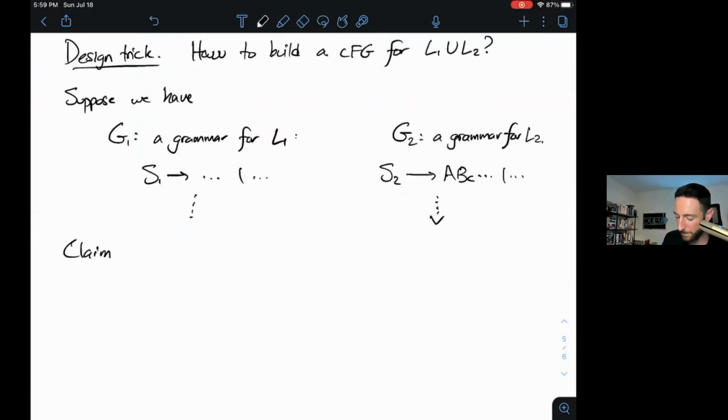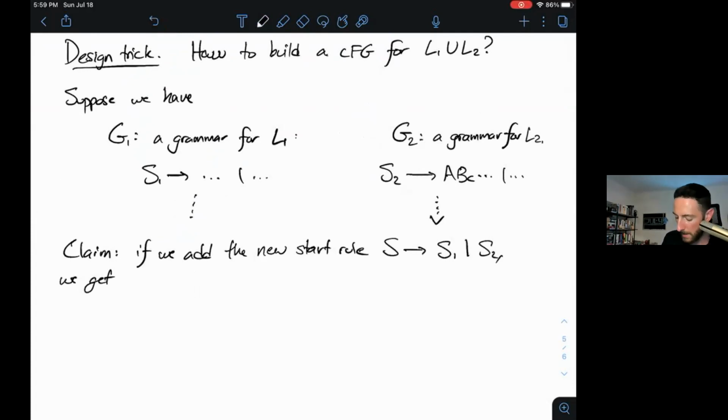I claim if we add the new start rule, S goes to S1 or S2, we get a grammar that recognizes L1 union L2.